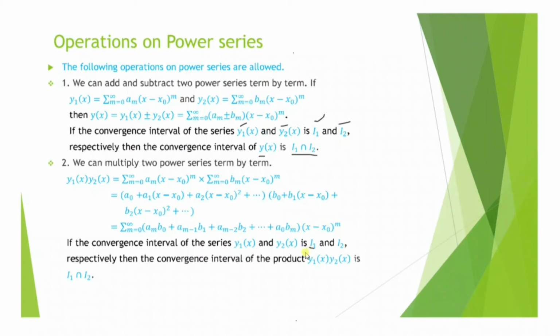Here I1 is convergence interval of y1, I2 is convergence interval of y2, then I1 intersection I2 is convergence interval of y1 into y2.